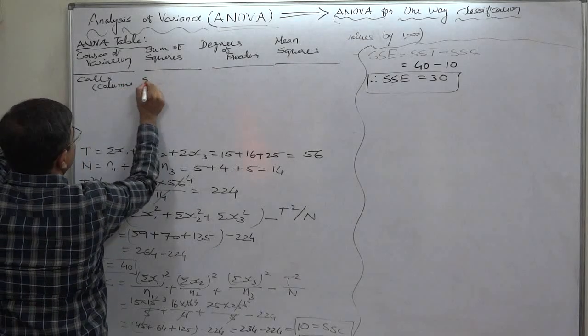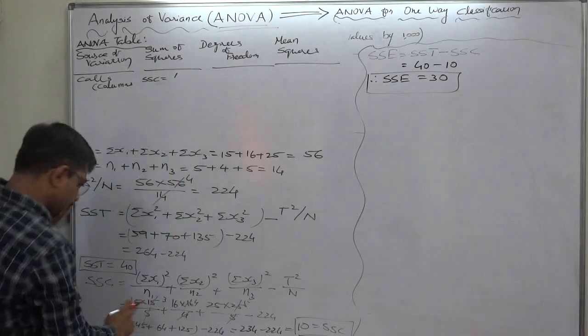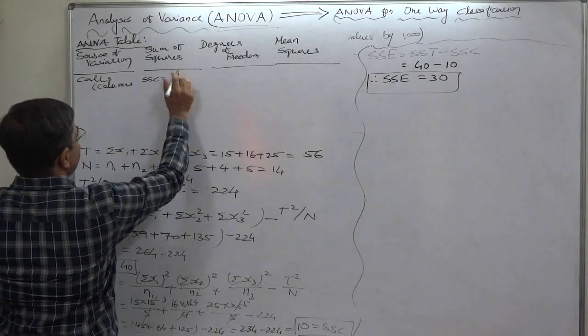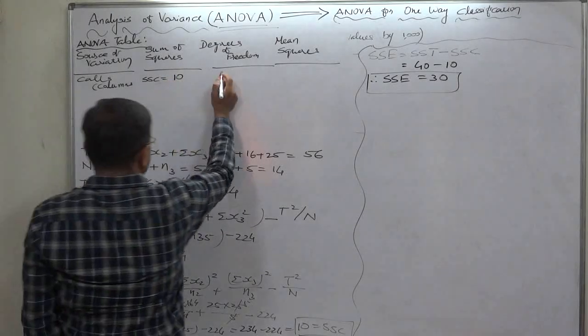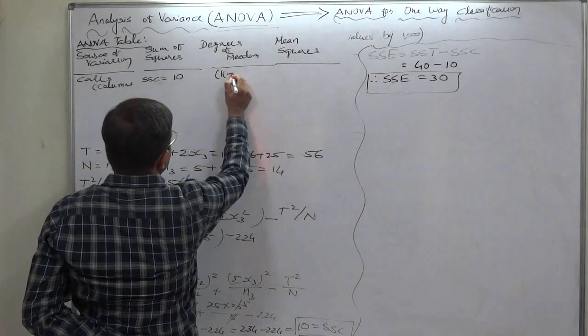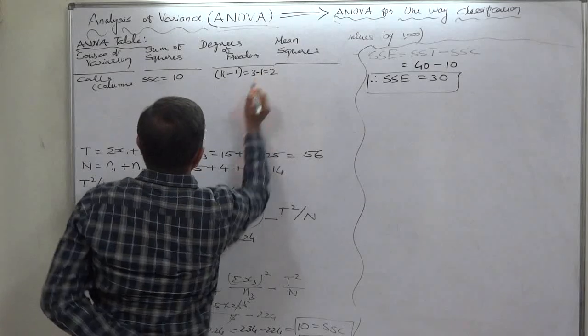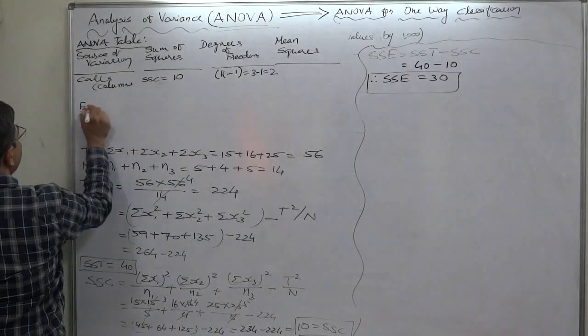SSC equals 10, not 40, sorry. Degrees of freedom. In case of this, degrees of freedom will be k, number of columns, minus 1. That is 3 minus 1 equals 2. Then error.